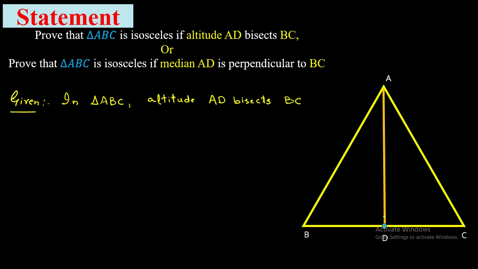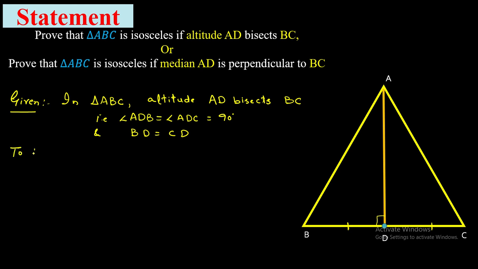So it is making a 90-degree angle as well as making BD equal to CD. That is, angle ADB is equal to angle ADC, and both are equal to 90 degrees, and BD is equal to CD. As we said, the perpendicular and this median coincide here in this triangle.